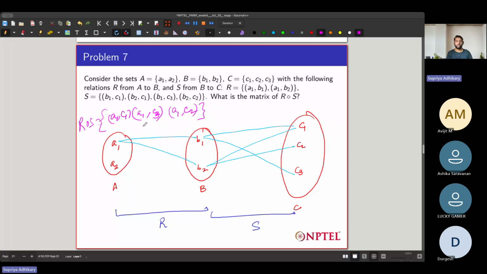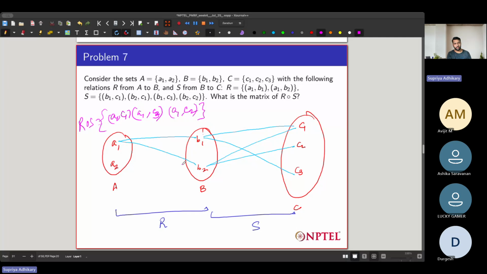Why? Because the definition of composition was that A C belongs to the composition if we can find a B in the intermediate set such that A1 B1 belongs to R, and B1 C belongs to S. So A1 C1 is in R composition S because corresponding to A1 and C1, we can find this B1 such that A1 B1 is in R and B1 C1 is in S. Similarly, for A1 C2, we have the value B2.